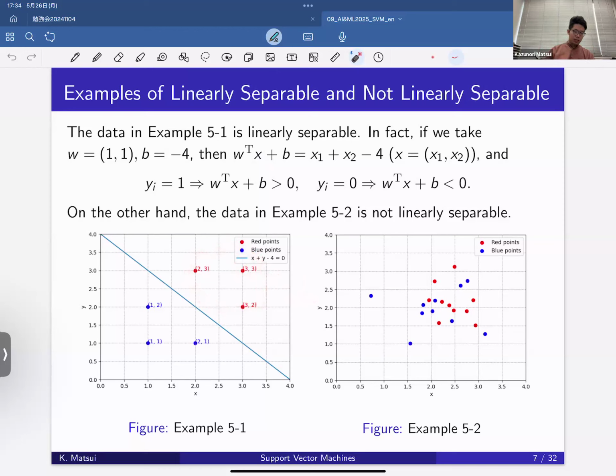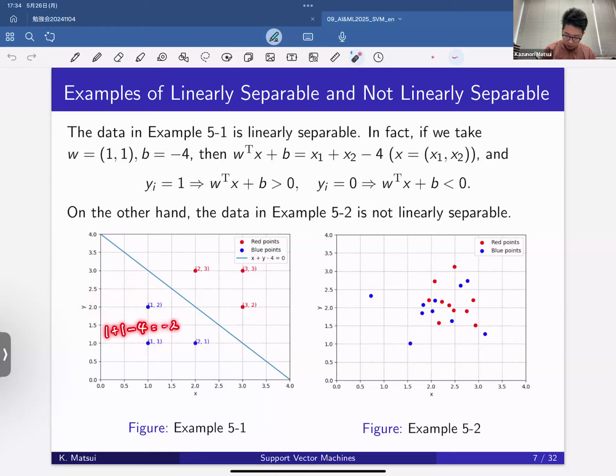On the opposite side, if we take the point 1, 2, 1 plus 2 minus 4 is -1, which is less than 0. So when the label is -1, that is a blue point. For the other point, this is also 1 plus 1 minus 4.